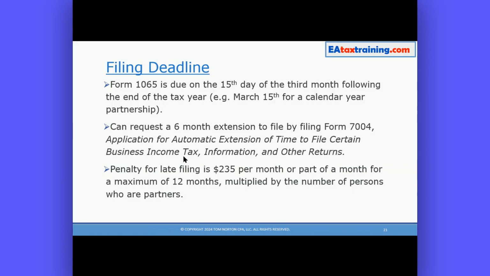But since a partnership usually does not owe any tax itself, they put in this flat amount per month per partner instead of having it be a percentage. So you'll want to remember that for the exam, the $235 per month up to a maximum of 12 months, and that is per partner.